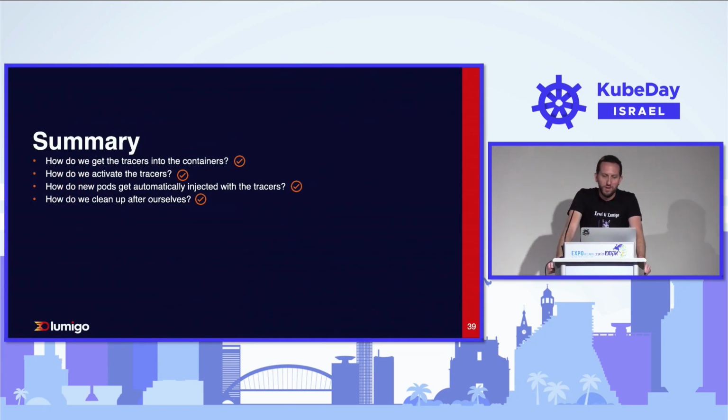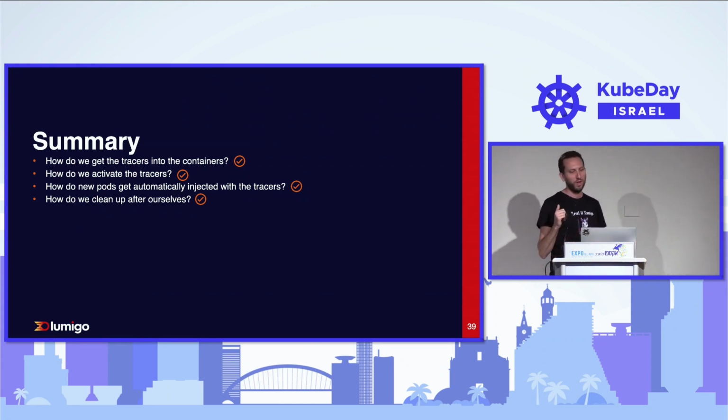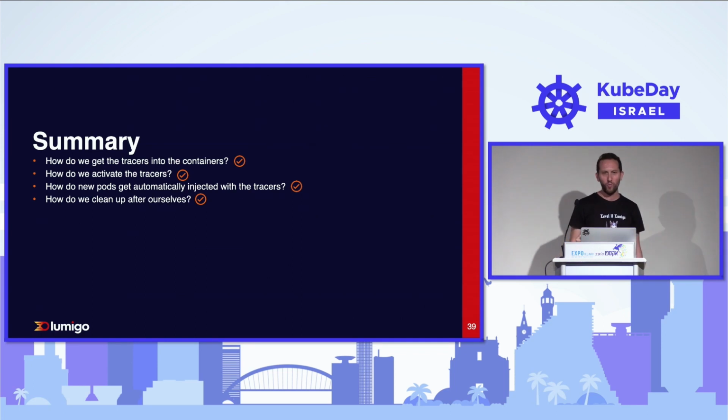OK, so we're done. Made better time than I expected. Quick summary. So getting the tracers into the container, a combination of init containers and ephemeral volume. How do we activate the tracers? We use a trick existing in every runtime where we alter the envar using the LD preload to basically inject the Lumigo injector to hijack the getEnv operation.